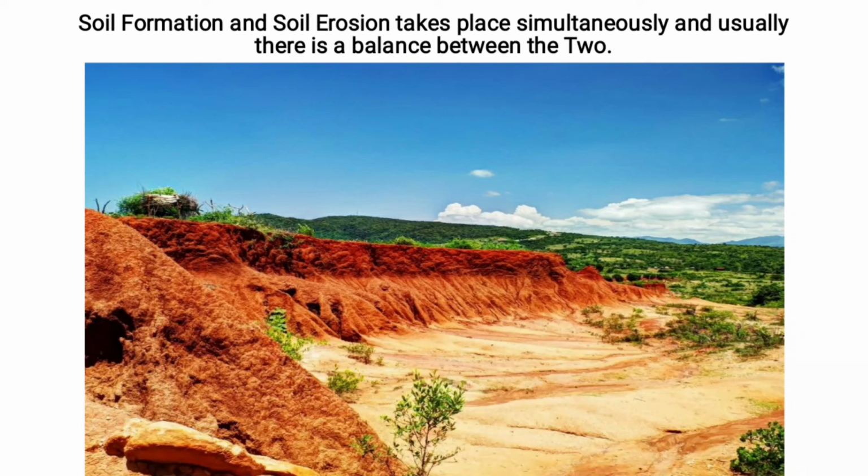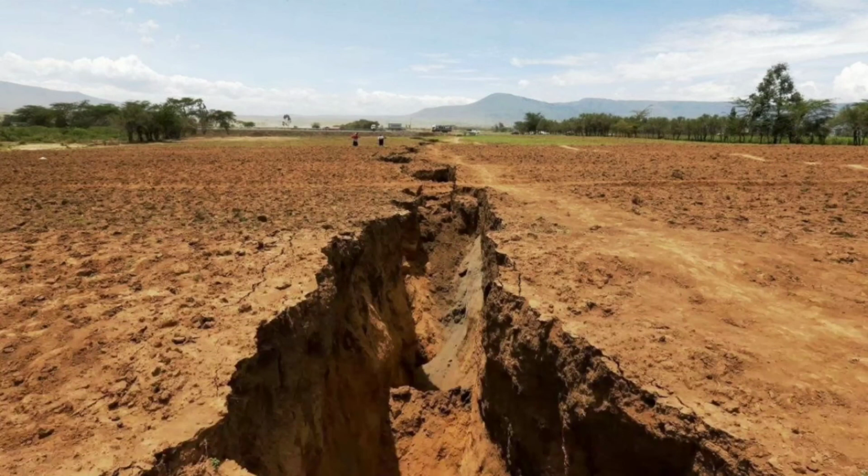But the problem here is that soil erosion nowadays takes place far, far faster than soil formation, and this is when it causes various problems. And the reason for soil erosion to take place at a much faster rate at present is not because of the natural forces like wind or water, but it is mainly due to human interference.